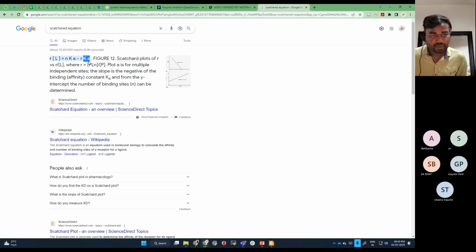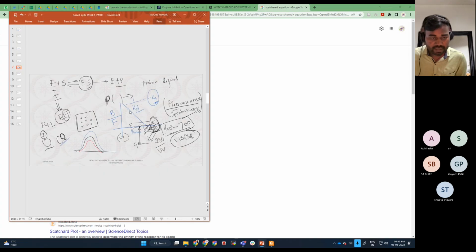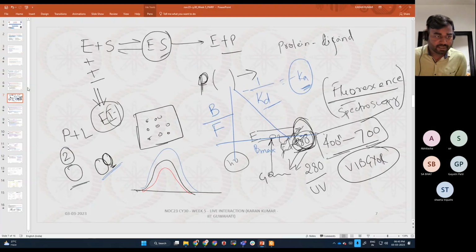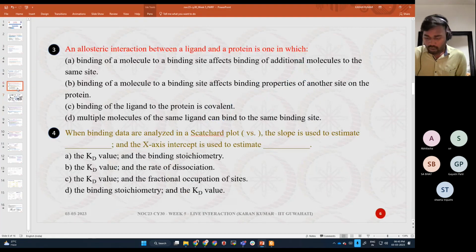Minus K is the slope. So the inverse of K will give you KD, right? So in the slope you will see the dissociation constant, and in the intercept of the x-axis you will find the binding stoichiometry.